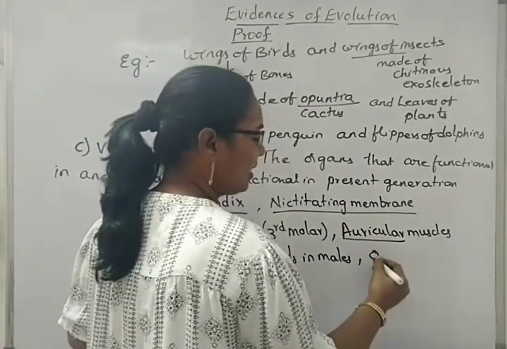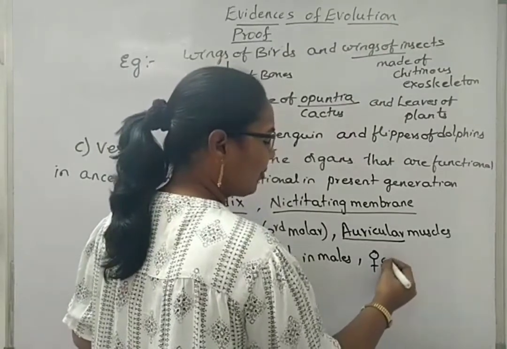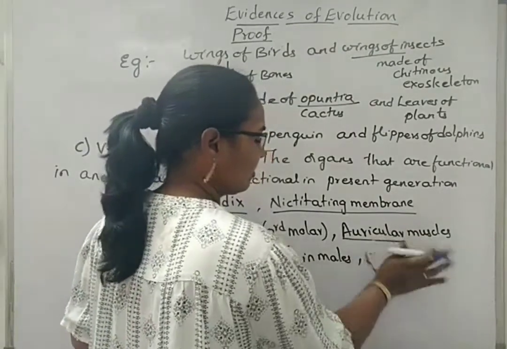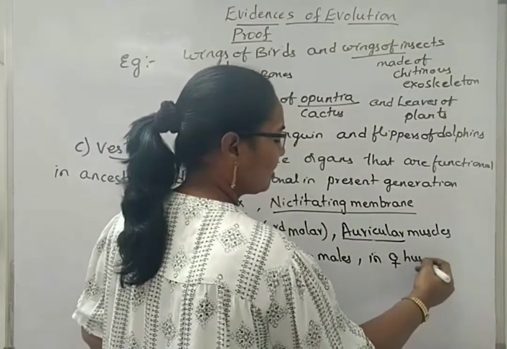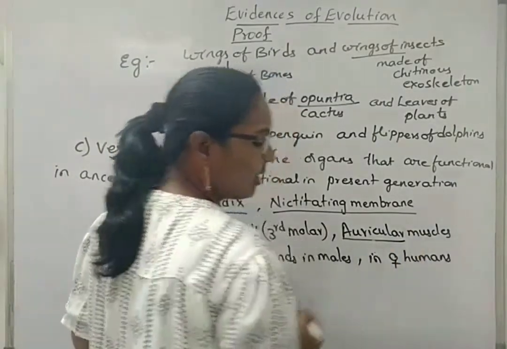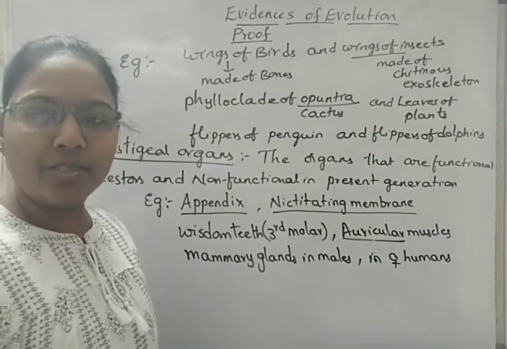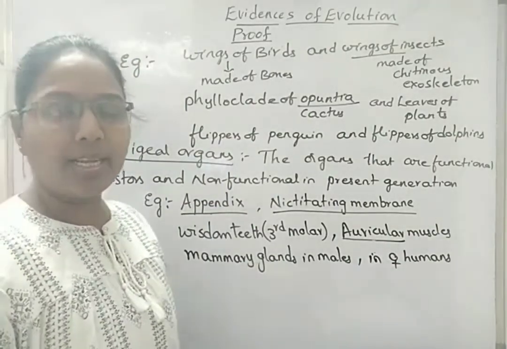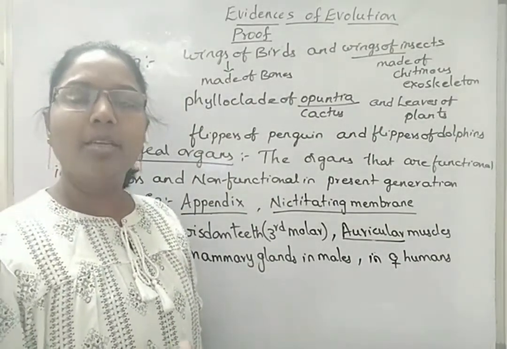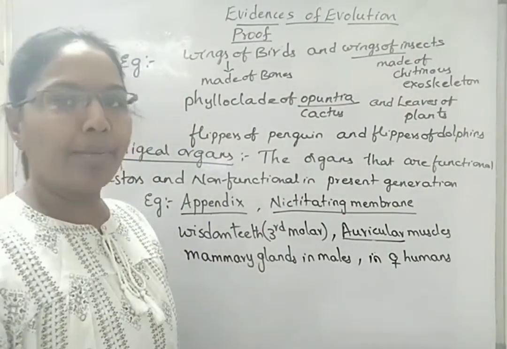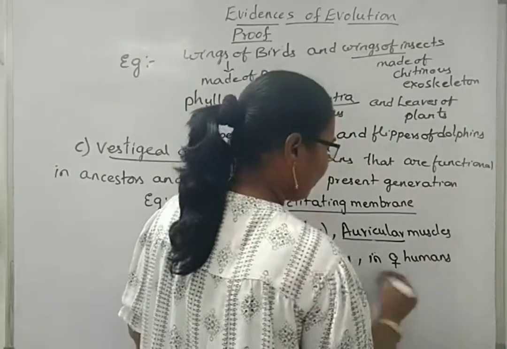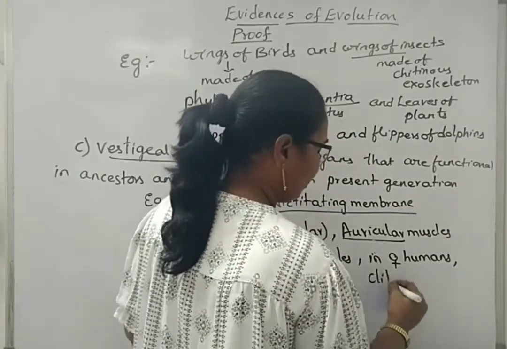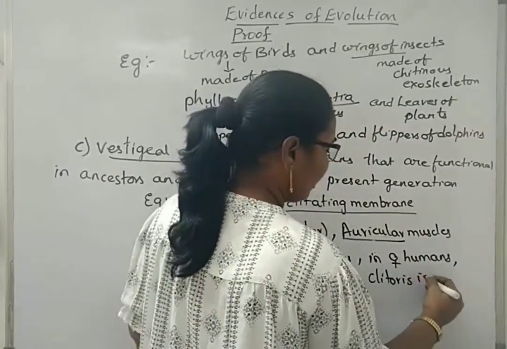Another example is in case of female humans. In female humans, clitoris has become a vestigial organ, which is considered as homologous organ to the glans penis of male humans. In female humans, clitoris is vestigial.